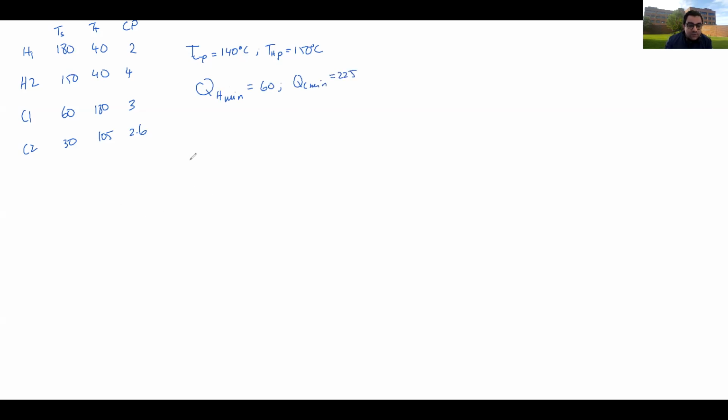So I said the first step is I'm going to just start drawing. So let's say H1, and I'll draw a horizontal line like this. I'll just write 180, 40. And you can write CP here, and I'm going to say CP is 2. It's just given. Let me give myself more space for H2.